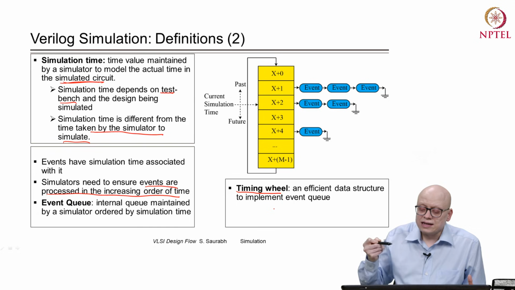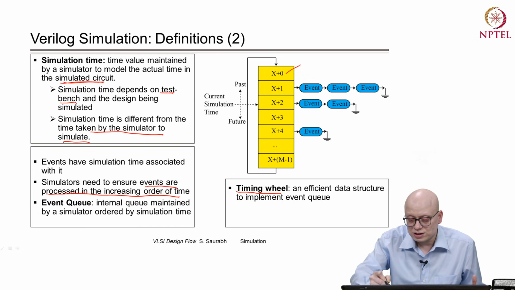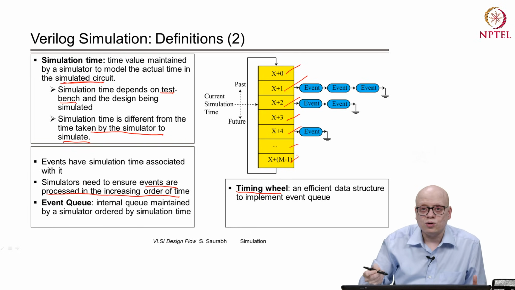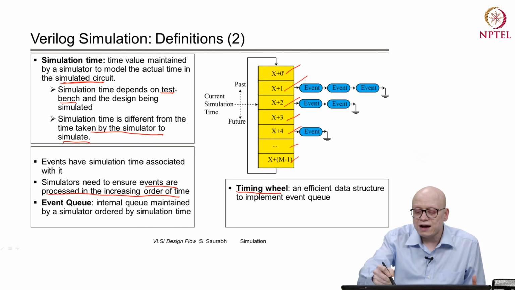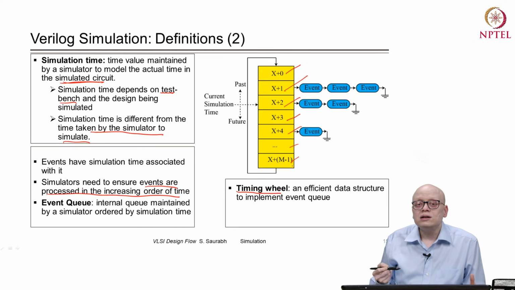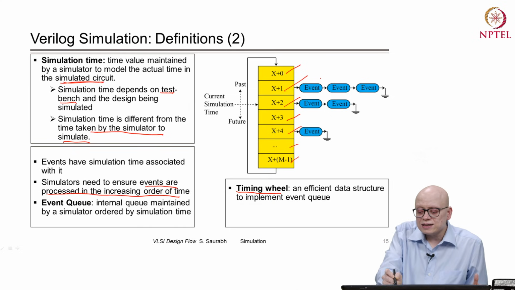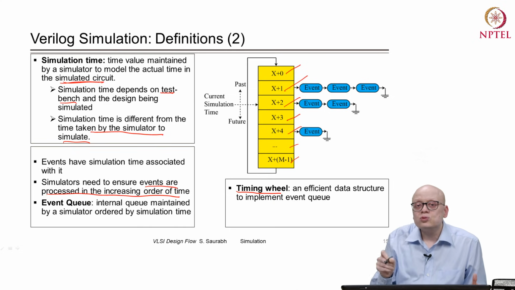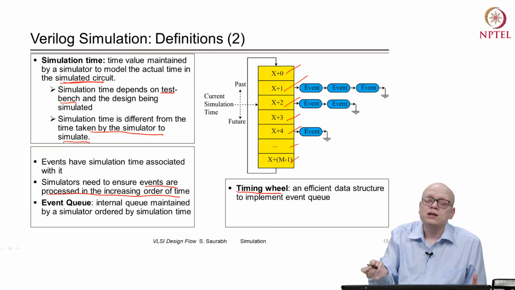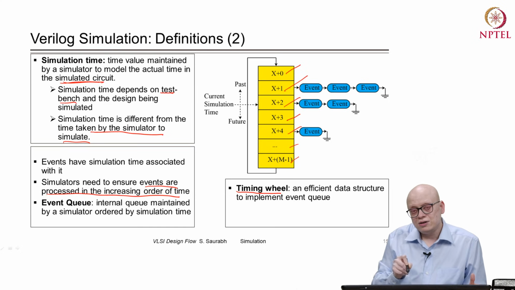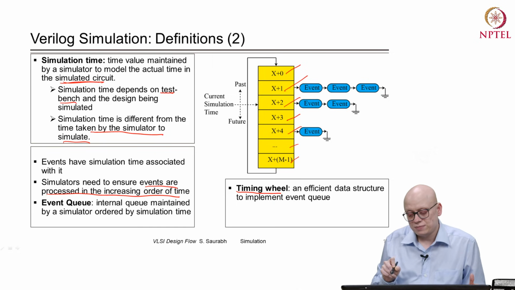In a timing wheel we have time slots, and for each simulation time we have a slot on the timing wheel. An event occurring at a given simulation time is appended in a linked list associated with the corresponding timing slot in the timing wheel for that simulation time.